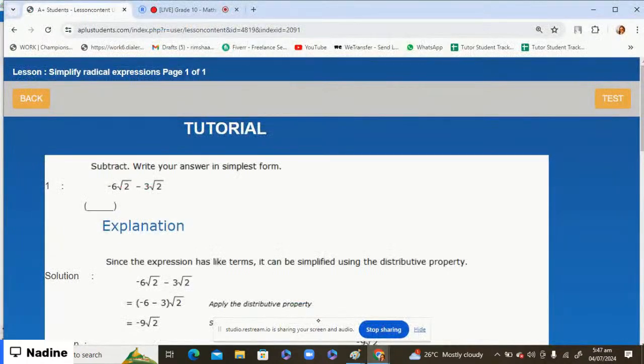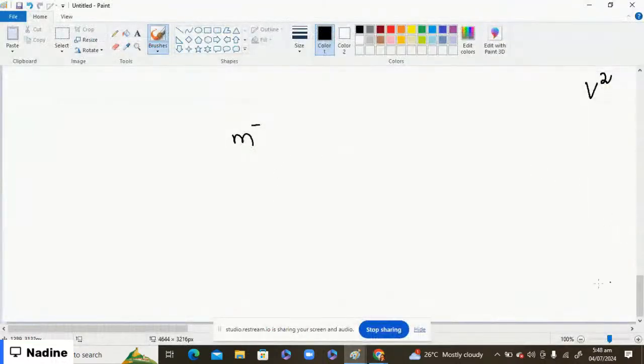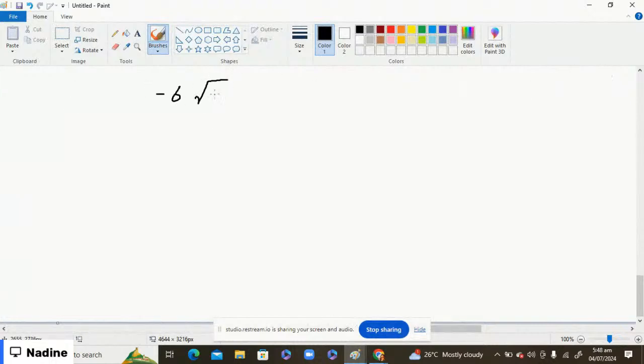So here there is a question, let's write minus 6 square root 2 minus 3 square root 2. We just combine the numbers. We are not combining the radical symbol and radicand numbers.